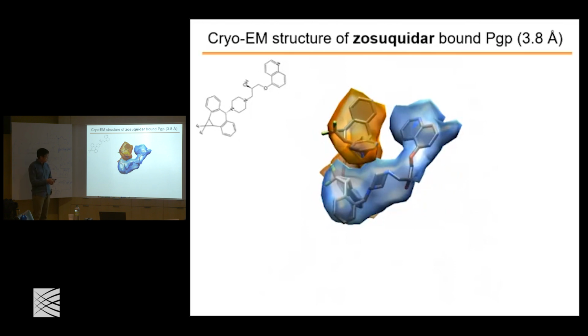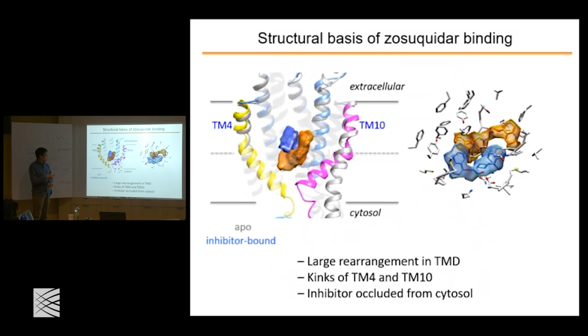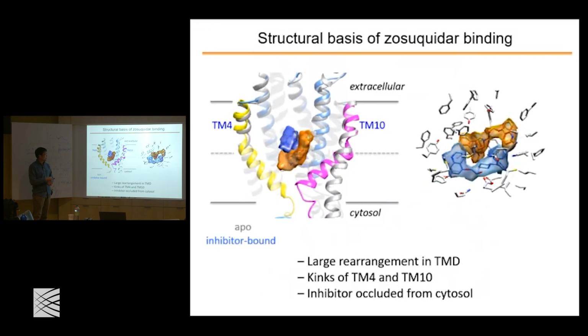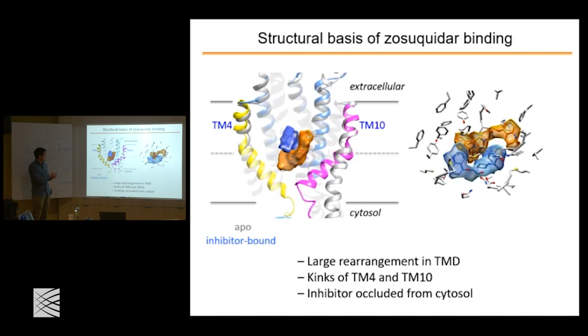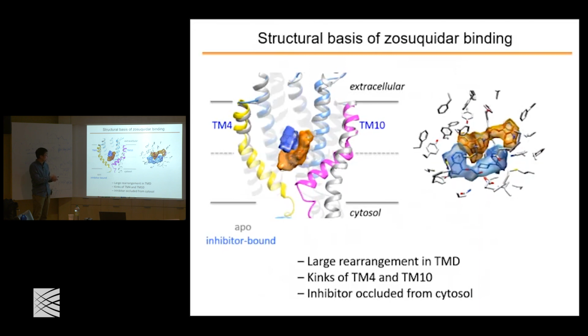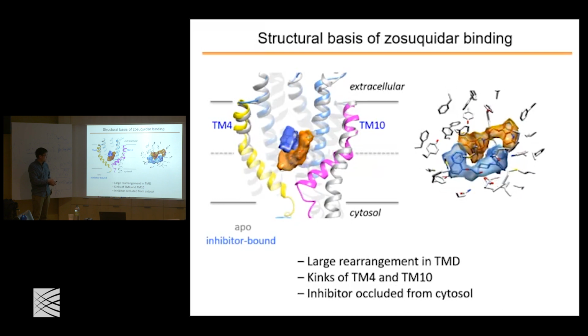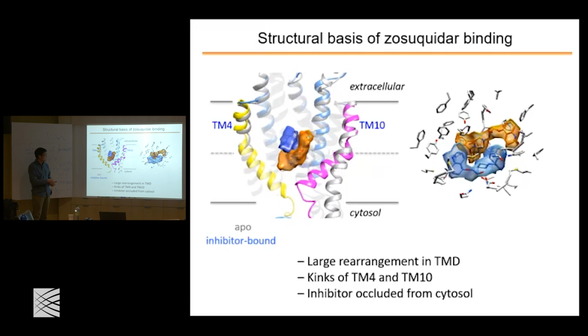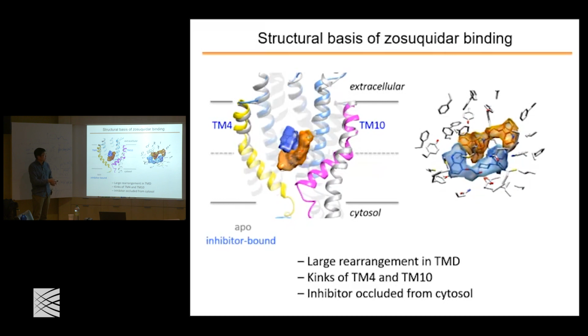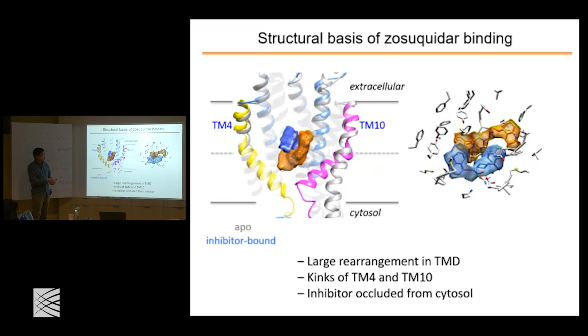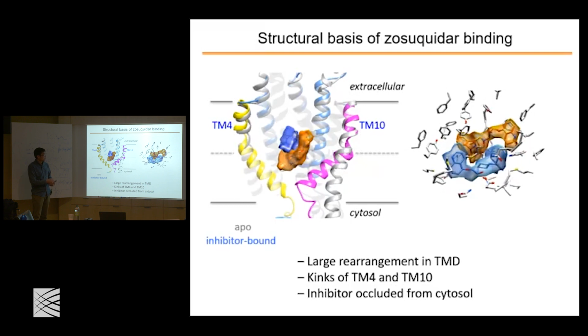The binding of this molecule induced a large conformational change of the transmembrane helices, particularly a very large kink of the TM4 helix and TM10 helix. These two helices come into the middle and to the bottom of the drug and occlude the inhibitor from the cytosol. Surrounding this compound, there are many hydrophobic side chains, and most of them are aromatic.